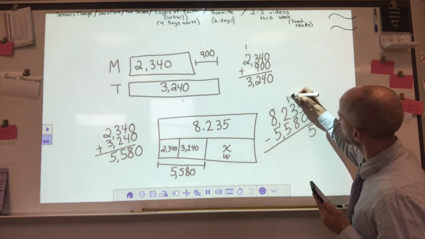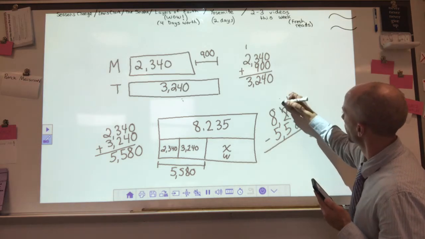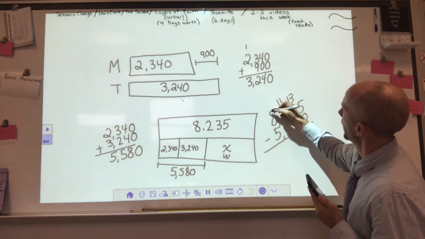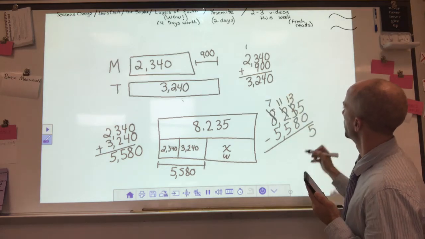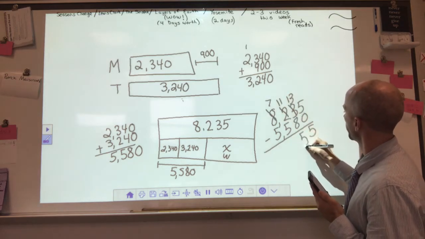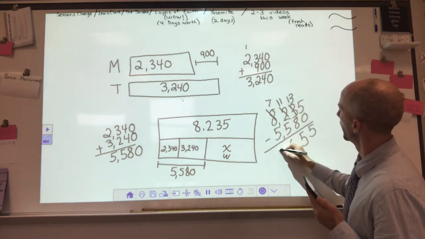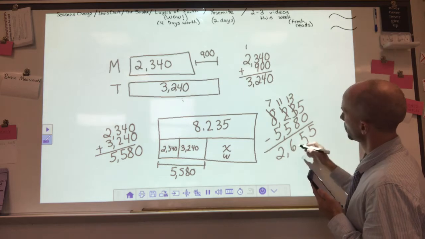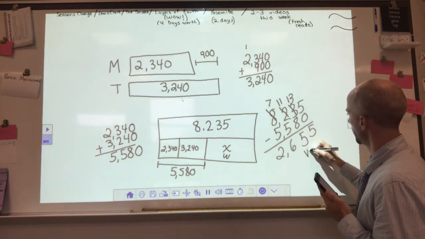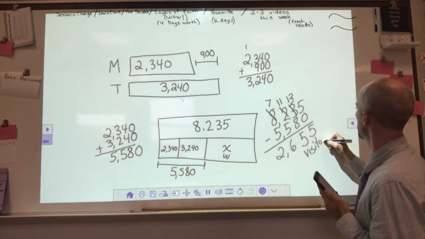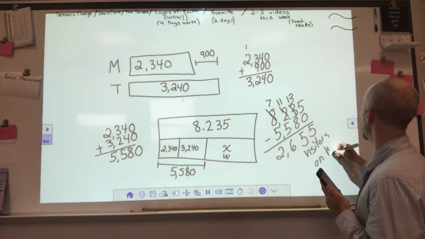We need to regroup. Give 10, take away 1. So I go 5 and 3, 8 and 5 is 13. 6 and 5 is an 11. And then 2. So 2,655 visitors on Wednesday.